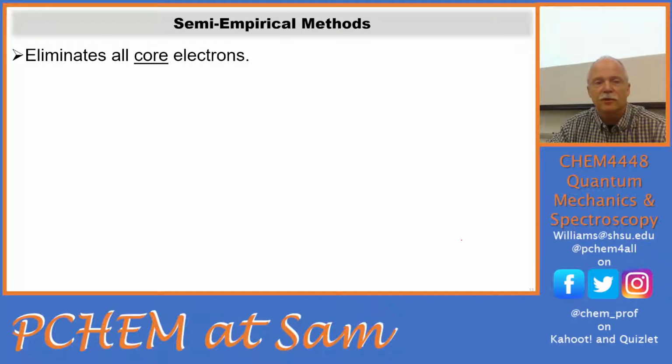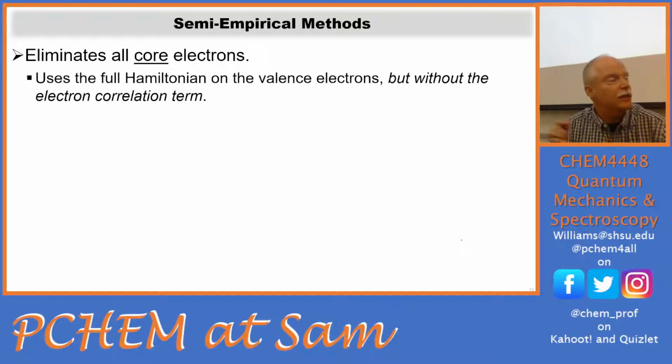Semi-empirical methods will speed things up by eliminating all the core electrons. Let's look at carbon. Carbon has 6 protons in the nucleus and comes in with 6 electrons, but there are only 4 valence electrons. So we could reduce the problem by eliminating 2 of those 6 electrons, the core electrons. We don't get too much speed up for carbon, but look at chlorine.